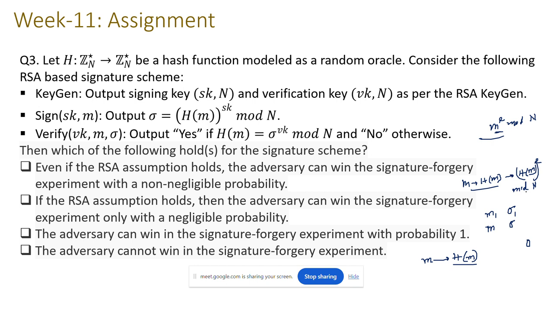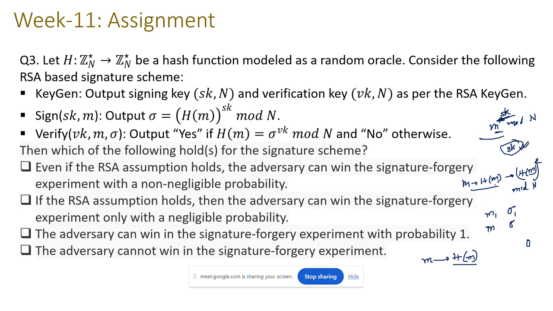then actually you can retrieve m, and if you are able to know m, that means you are also able to know the secret key. So I should write it not as e; for a signature scheme, it is m to the power sk, the signing key, the secret key. If you are able to determine m from this, then of course you know the secret key sk. So then the secret key is broken, right?